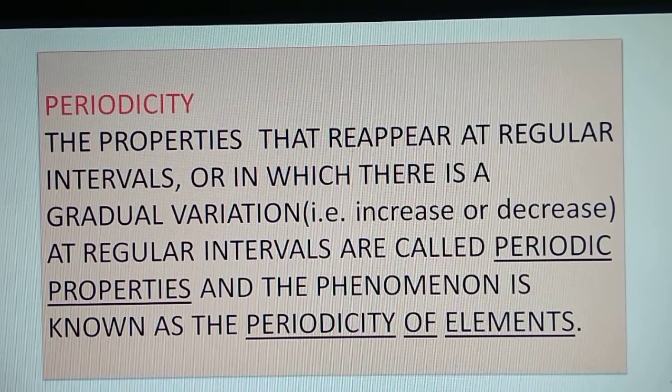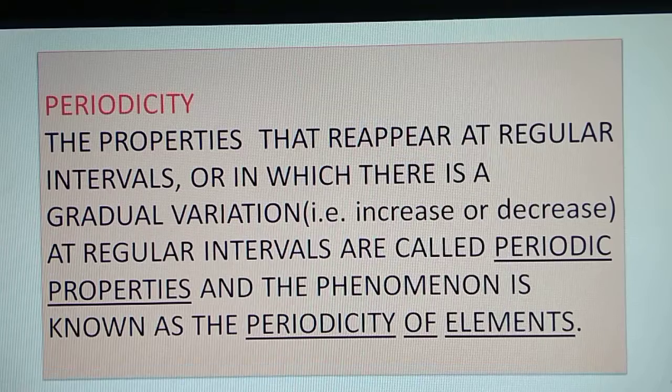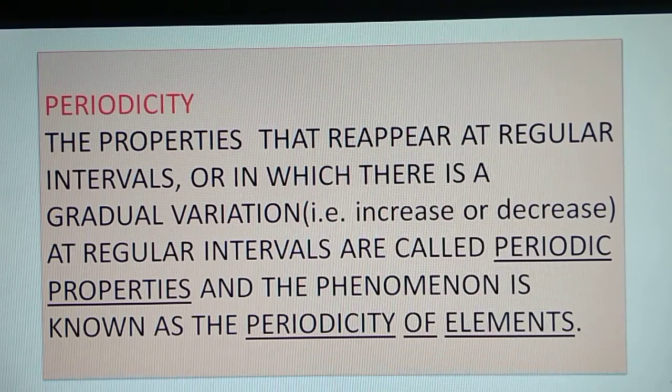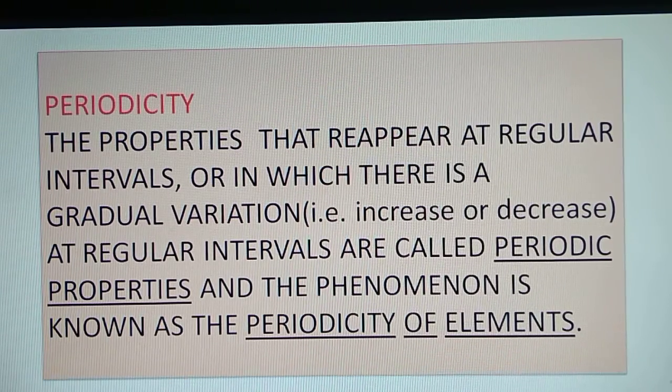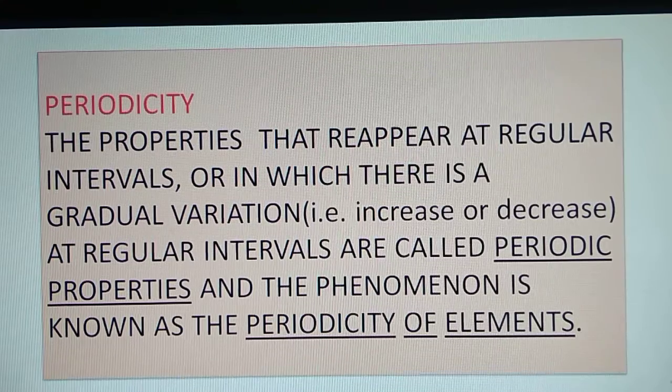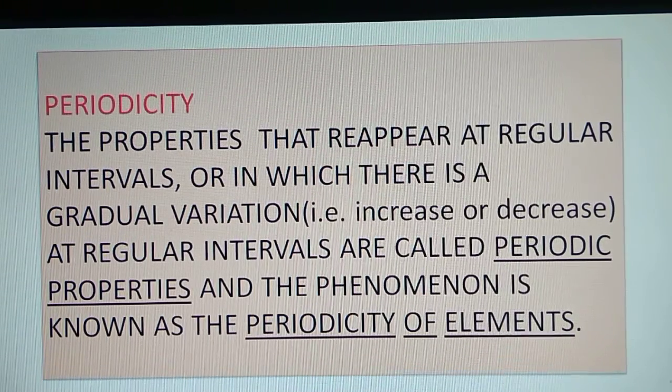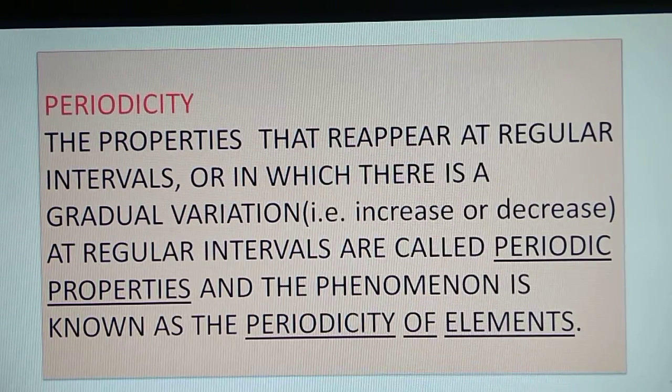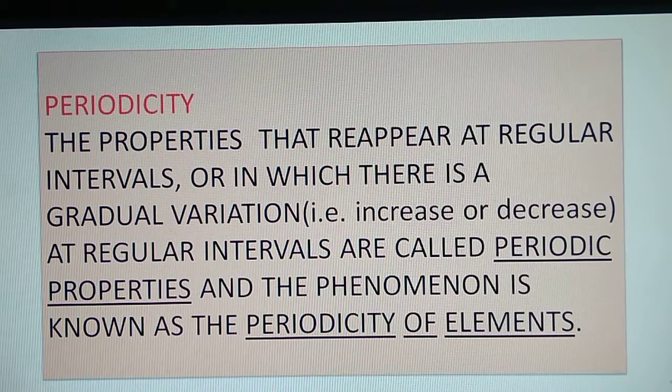Elements always increase or decrease their electrons in the outermost shell.